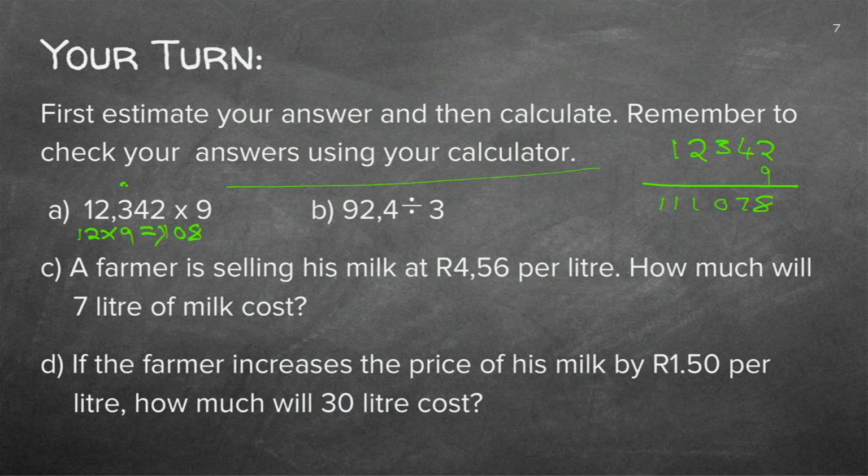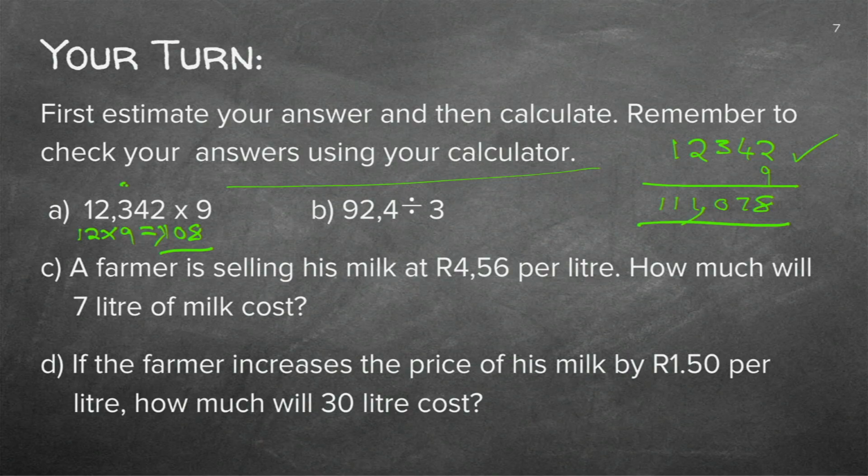And what must we replace? Our decimal comma 1, 2, 3. And our answer is 111,078. And you see, we did say it's going to be more than 108, and it is more than 108. So we know that our answer is correct. Well done if you've got this one correct.